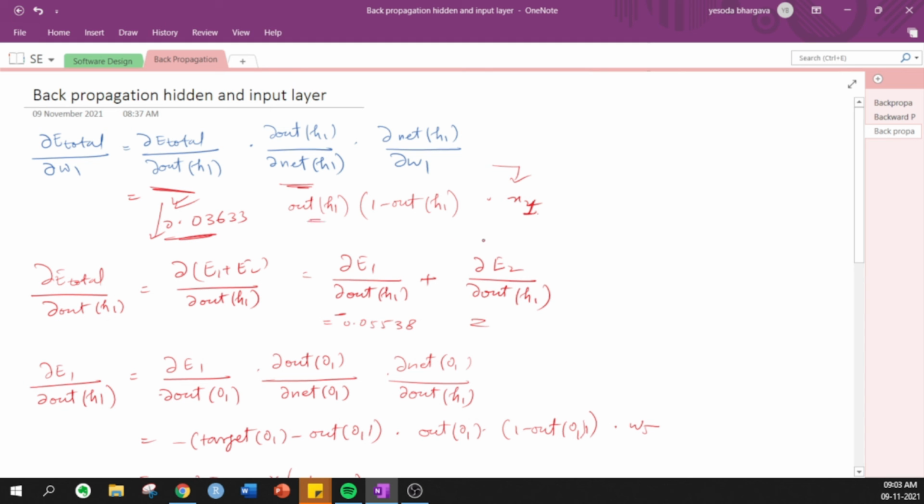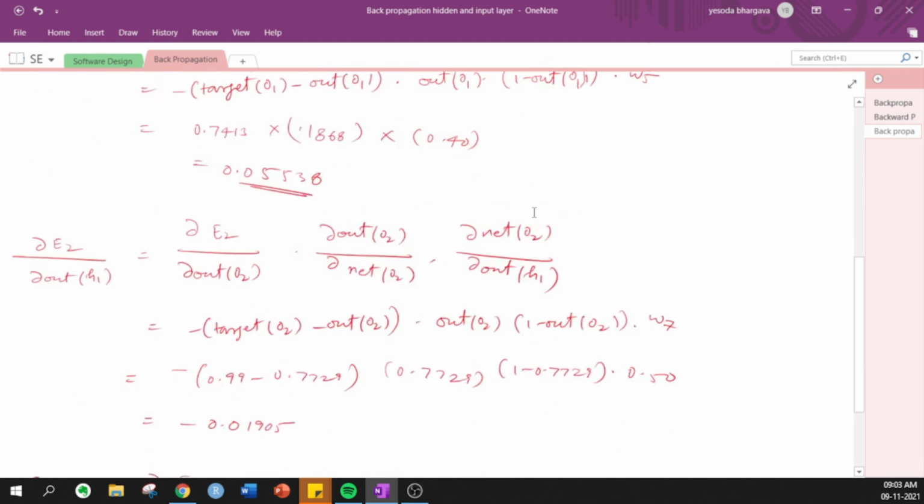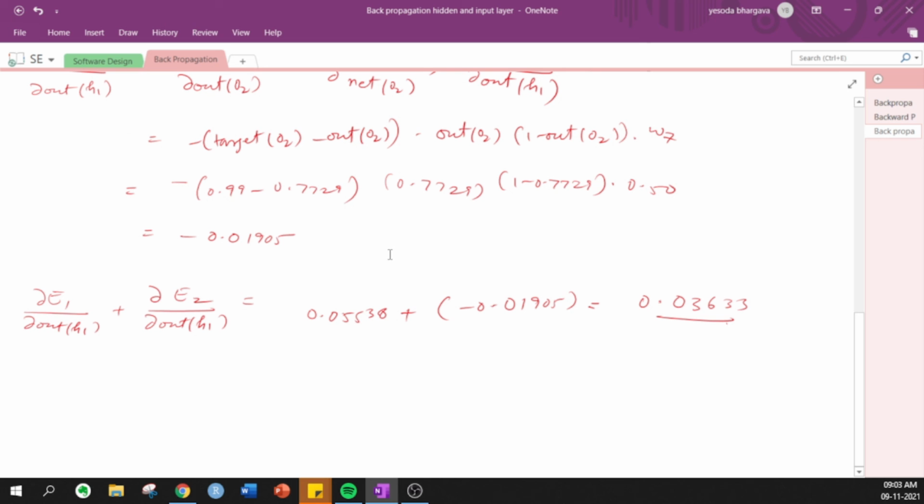Okay, so this we already know, and this is x1. Now we can say that the partial derivative of total error with respect to w1 is 0.03633 into output of h1, 1 minus output of h1, and x1.